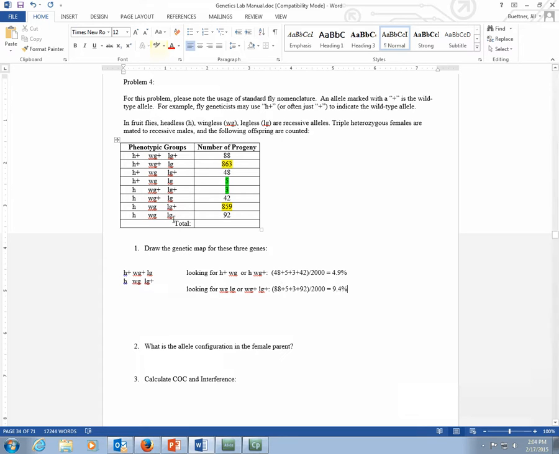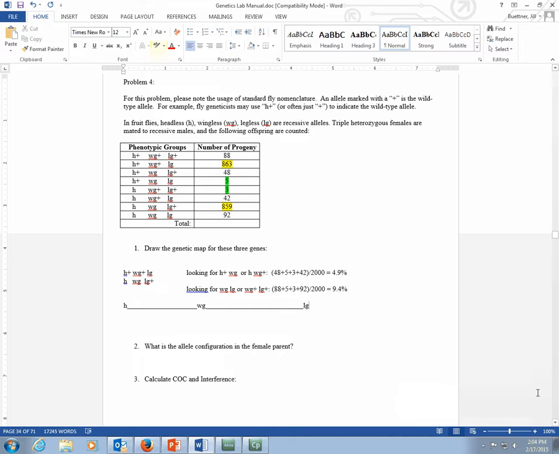You can do more decimal places if you like. And then you draw your map. So I'm just going to put H, and then WG, and then LG. For segment 1 you'll put 4.9 map units, and for segment 2 you'll put 9.4.